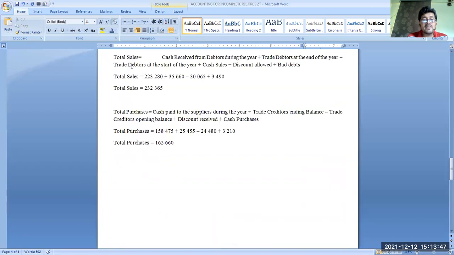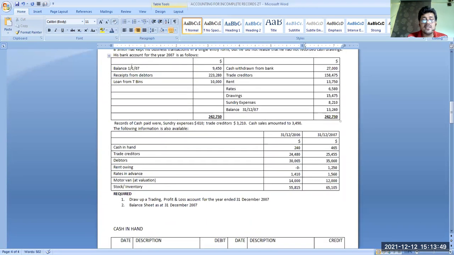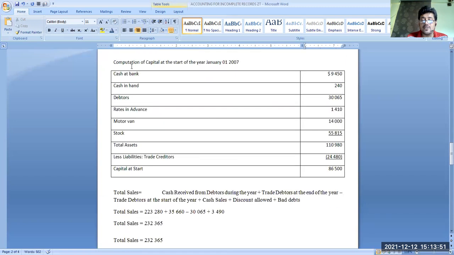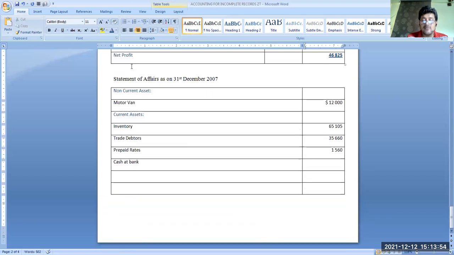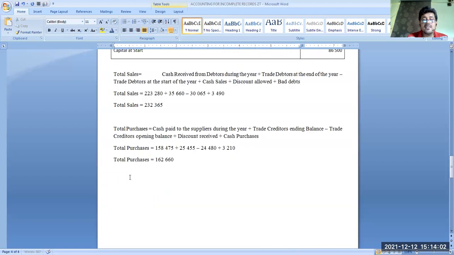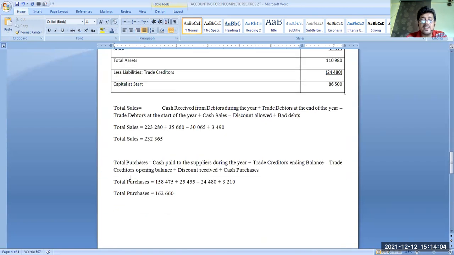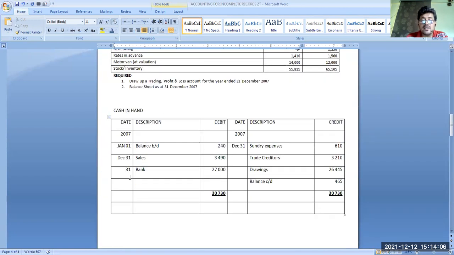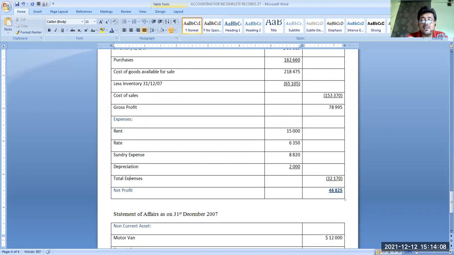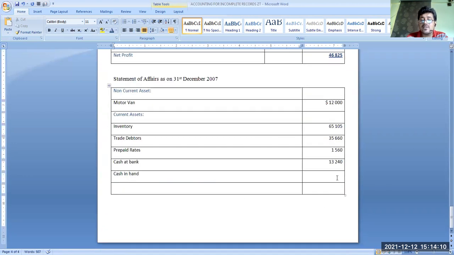Cash at bank is given in the cash book, in the question, ending balance 13,240. And now cash in hand. Cash in hand is also given as an ending balance. We can take it from the T account also, 465.